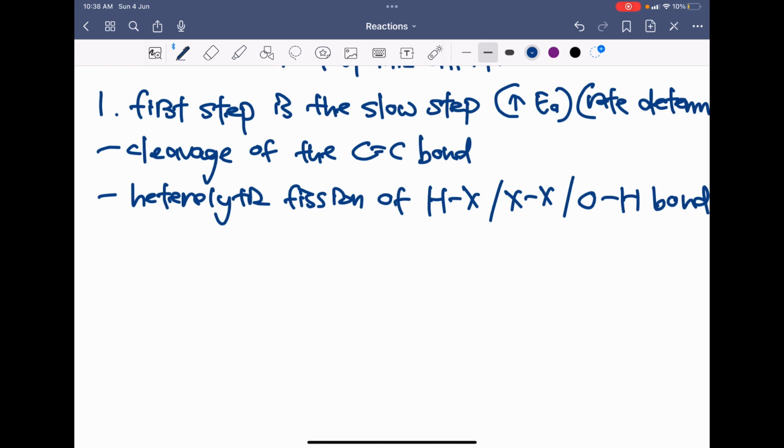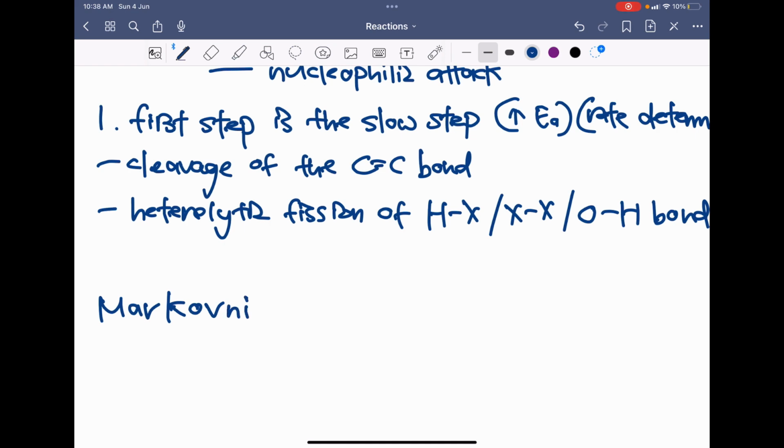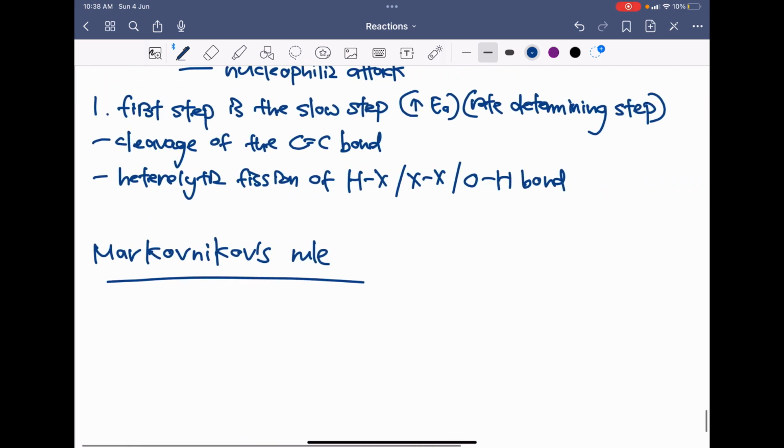That is where Markovnikov's rule comes into place. Markovnikov's rule is quite a handful, but actually it's quite simple. There is Markovnikov's rule and there's a mechanism-based Markovnikov's rule, which I will be focusing on now.